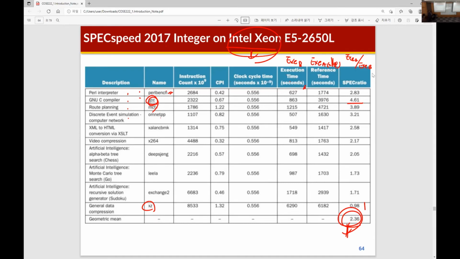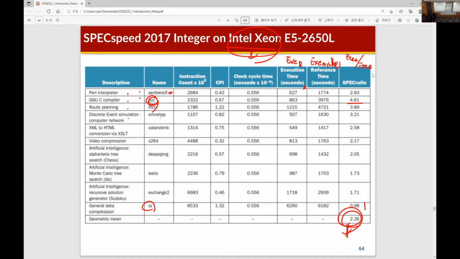It's the same. The SPEC benchmark also provides the execution time of each application on a reference machine. So this is the reference time.